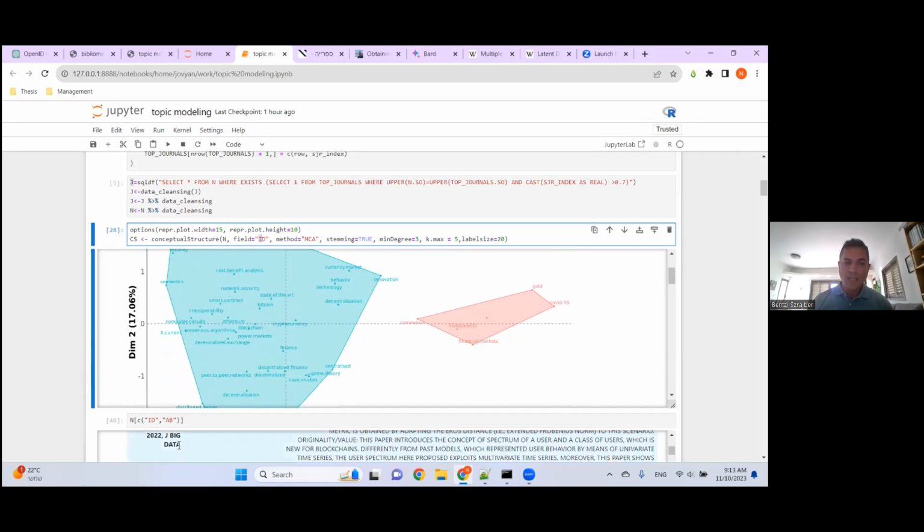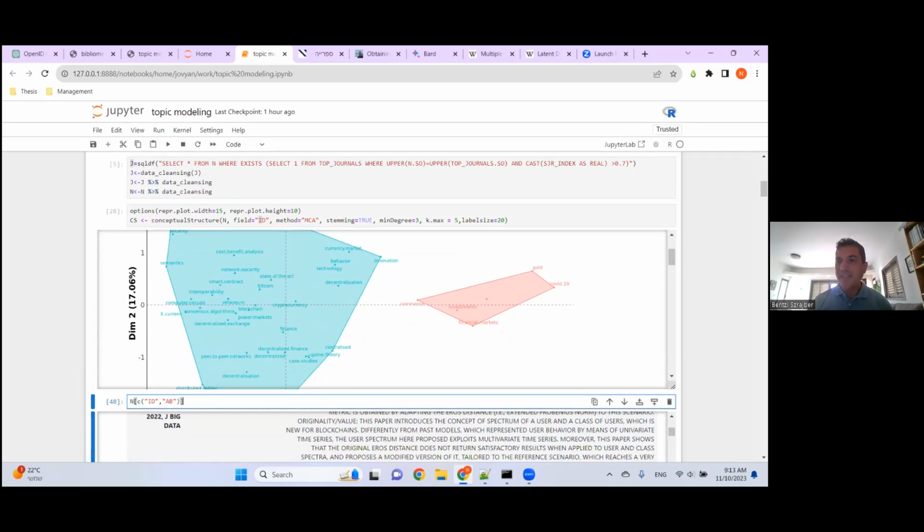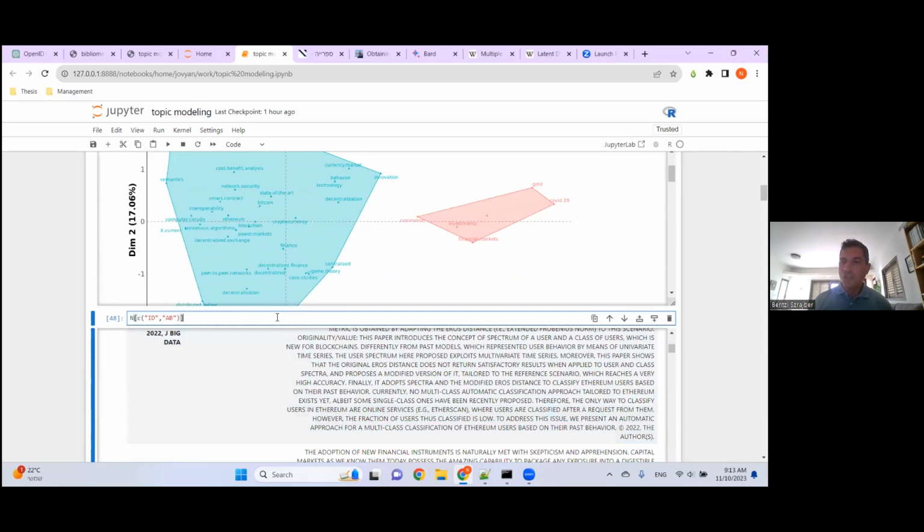But I also have the abstract inside the database. For each document, I don't have the whole PDF or the whole article, but I do have pretty much a summary, and many of the important words should also be in the abstract. So let's see what we can get from the abstract.